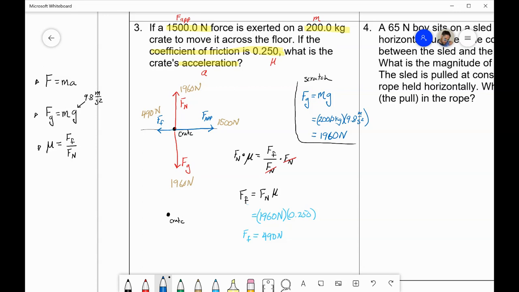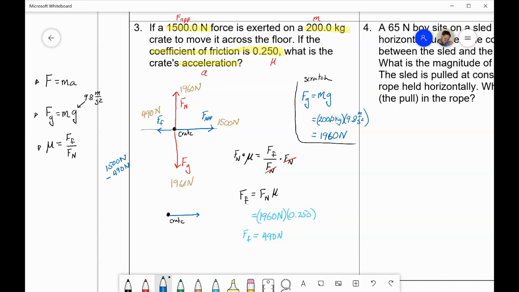What I'm left with is an applied force that is less than it used to be. In fact, it's 490 newtons less than it used to be, right? So my total force here is to the right, where I can say, hey, 1,500 newtons minus the 490 newtons, which is in the opposite direction.